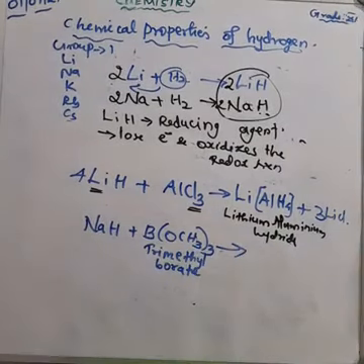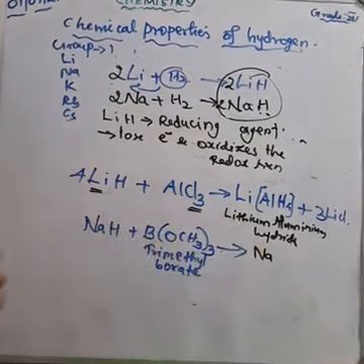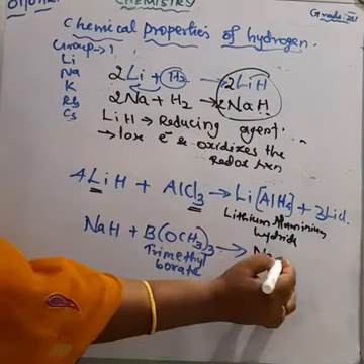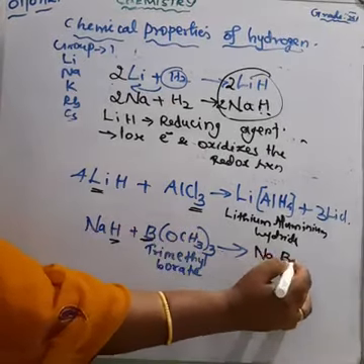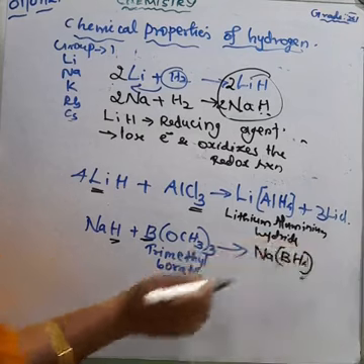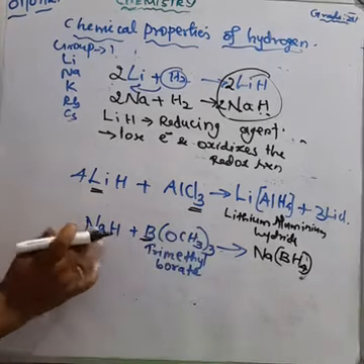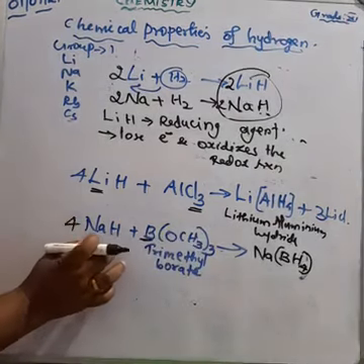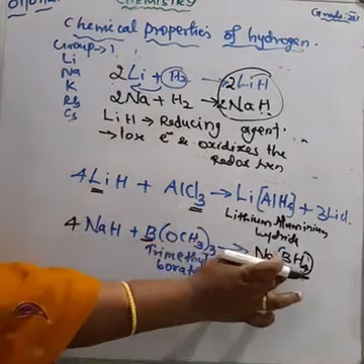Sodium hydride combines with the trimethyl borate to form sodium borohydride, NaBH4. Here, how many hydrogen atoms do we have? Sodium borohydride has 4 hydrogen atoms, but here only 1 hydrogen atom. So we have to make it 4. So 4 sodium hydride combine with the trimethyl borate to form sodium borohydride.